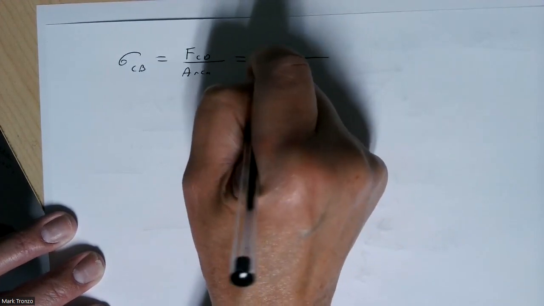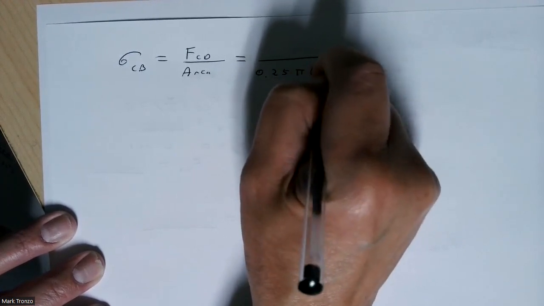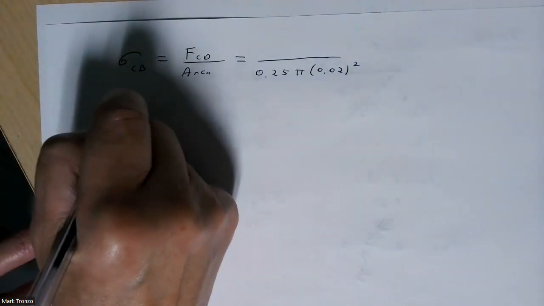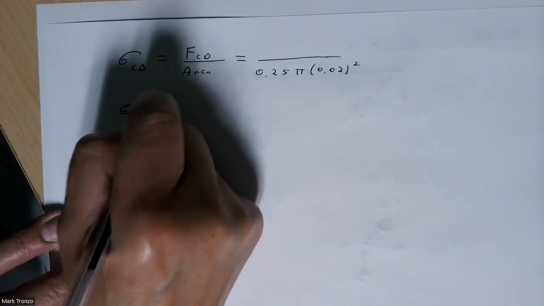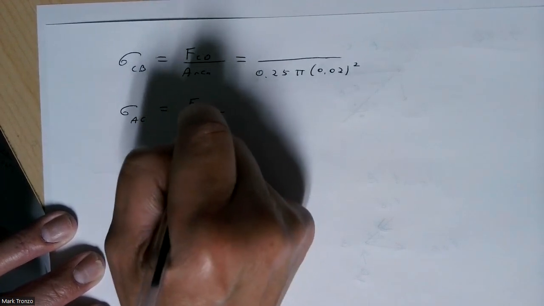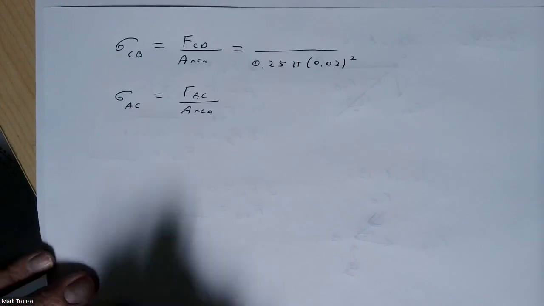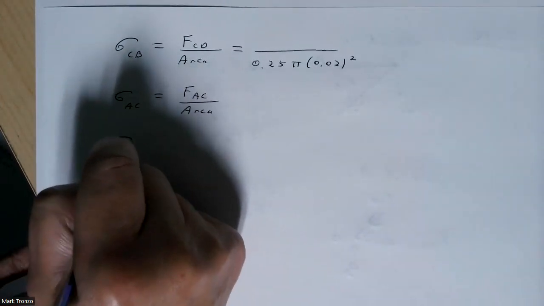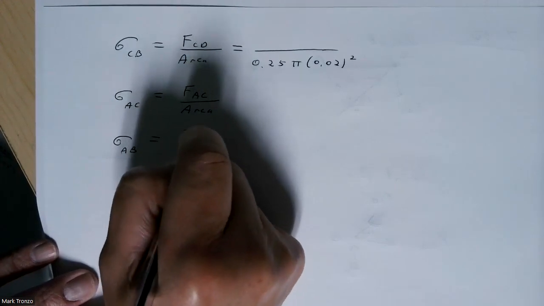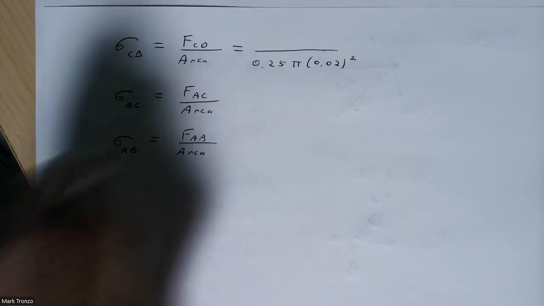Again, on mine, they were all the same diameter. And then do the same thing for AC, by the area. Like I say, just use whatever you found for AC, calculate this. And finally, AB, and calculate that.